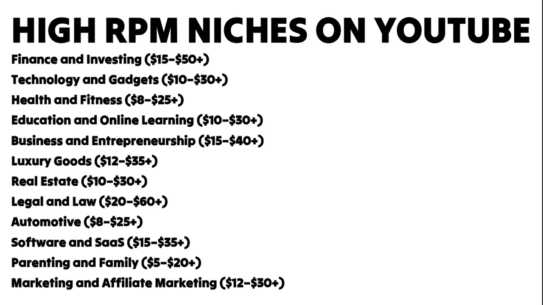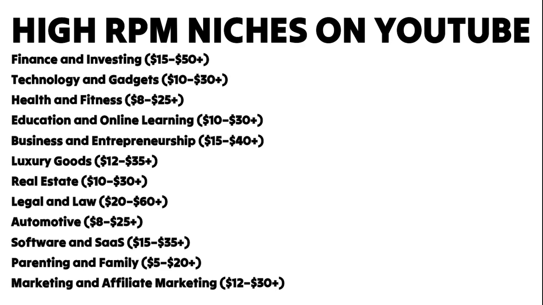We have the software and SaaS niche. SaaS means software as a service. So if you are making videos about software and other SaaS services, you can get an RPM of $15 to $35. We have the parenting and family niche. If you want to make videos on parenting and family, you can get an RPM of $5 to $20. And we have the marketing and affiliate marketing niche that has an RPM of $12 to $30.